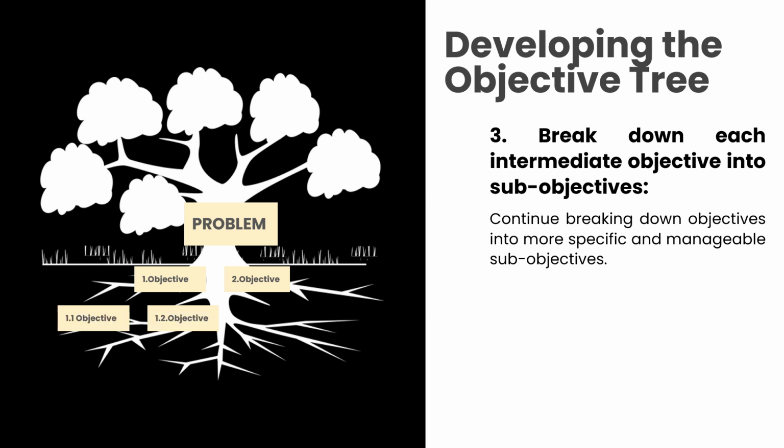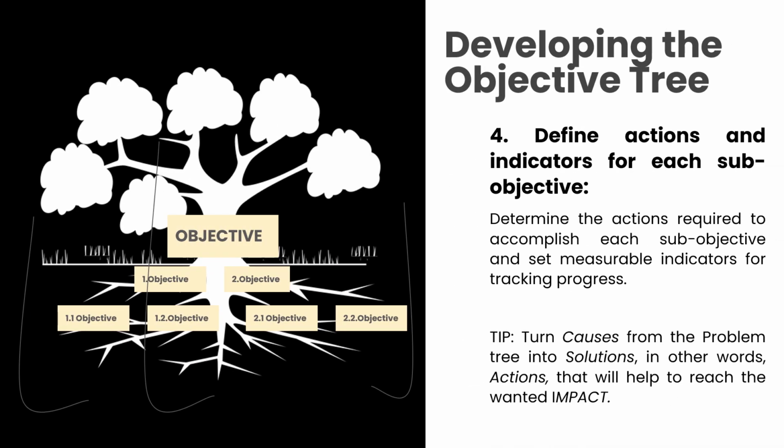So we can make it like that. And then we can define actions and indicators for each sub-objective. Now we have to determine the actions required to accomplish each sub-objective and set measurable indicators for tracking progress.